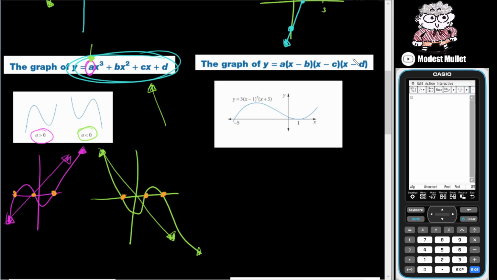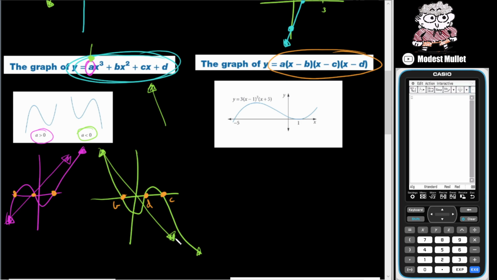That would mean you'd be able to factorize it into this form here, which we call intercept form. It's showing us where our 3 intercepts are, which happen to be B, C, and D. And which order they occur in is just the size and values of the numbers. It might be in this case that's B, that's D, and that's C. But if you get 3 factors, it means you have to have 3 intercepts.